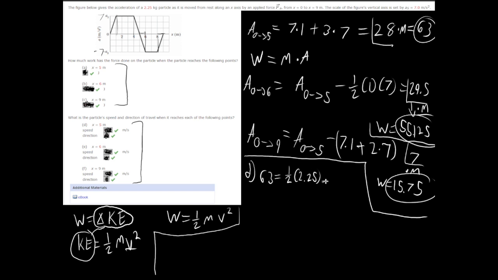kilograms, V squared. What we can do is take half of this, so 2.25 divided by 2. We have 63 equals 1.125 V squared.